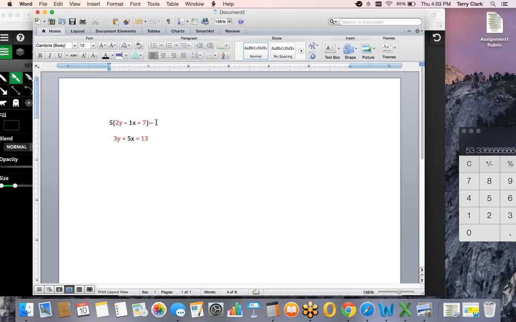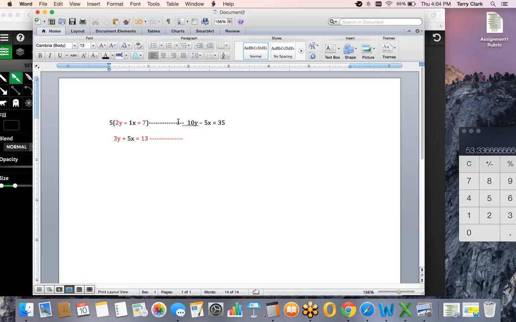So I'm going to end up with 10y, 5 times 2 is 10y, minus 5x, 5 times negative 1 is negative 5x, and then 7 times 5 is 35. I got to change that to black so I don't run into problems.